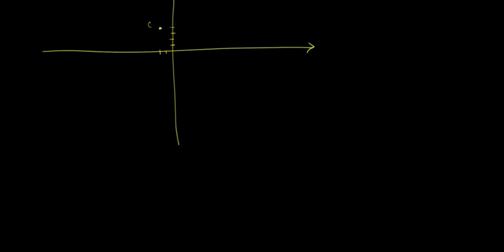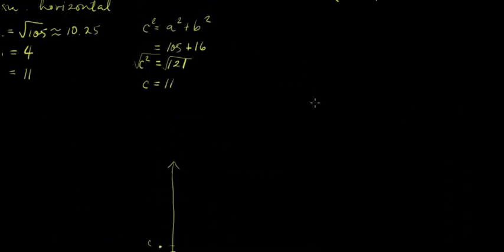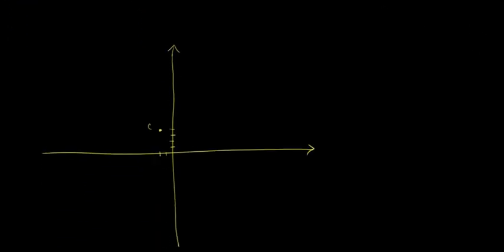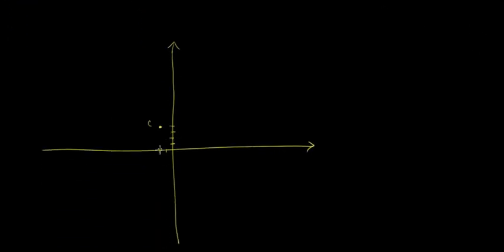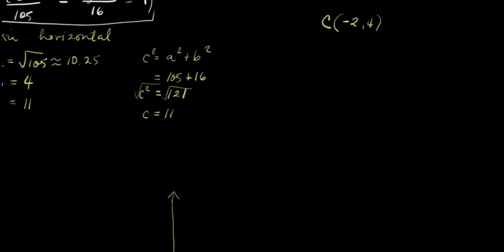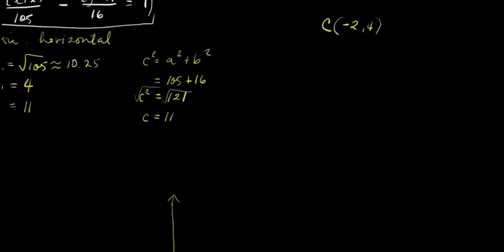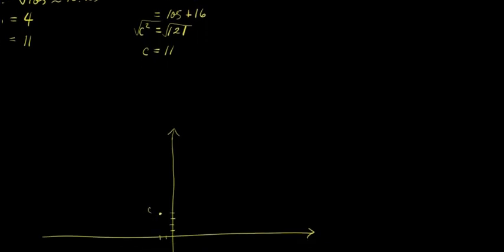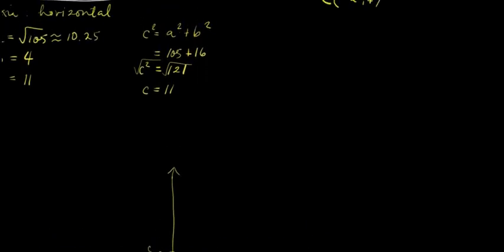This is our center. And then, the axis is horizontal. So, we're going to move 10.25 units to left and right para makuha natin nasaan yung vertex ng hyperbola natin. So, let's move from negative 2, we will move 10.25 units. So, saan na siya papatak? Sa negative 12.25.